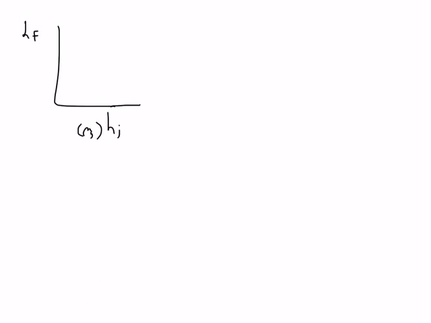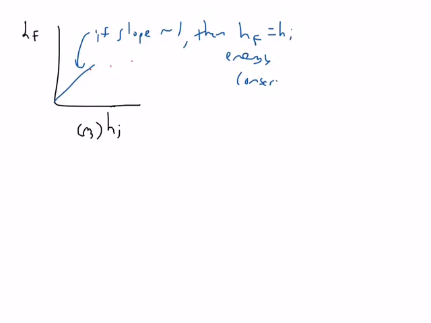And then if you plot these data points, you're going to see them scattered around, something like that. But if the slope is about 1, then that means H_F is about equal to H_I and energy is conserved.